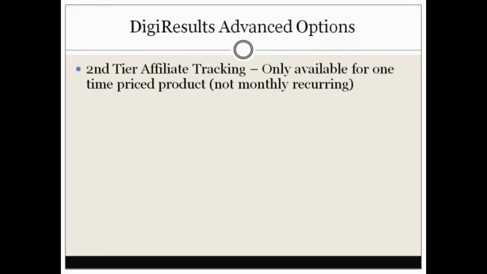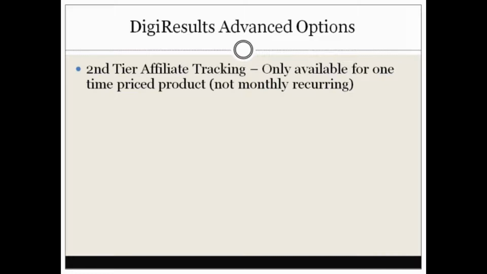Let's talk about the DigiResults advanced options so you know what to expect and what they provide. Second tier affiliate tracking basically means that, let's say your affiliate promotes a product, they're going to get a commission. But if they refer somebody else who's an affiliate and they make a commission, then that first affiliate will basically make a commission every time the second affiliate makes a commission.